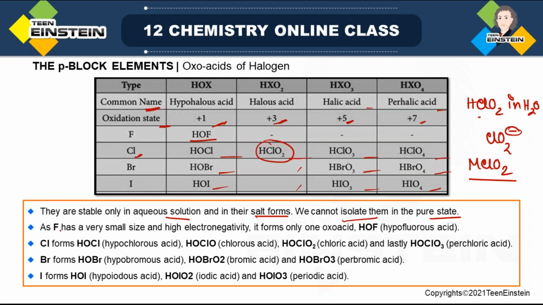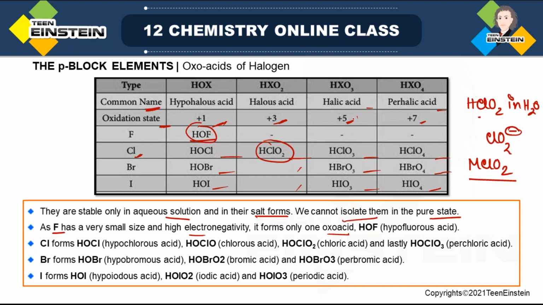Fluorine is the smallest in size, and its electronegativity is also very high. That is the reason it forms only one type. Remember, fluorine has some anomalous properties compared with the other members. As it is very small in size and its electronegativity is very high, only this type is possible, because for the other possibilities the oxidation state is very high: +3, +5, +7.